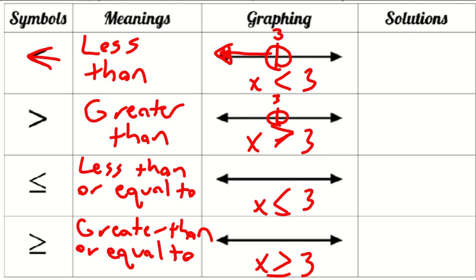Which way is my arrow pointing? To the right. Same idea. Inequality symbol. The pointy part's to the right. Arrow goes to the right. We'll get to this more when we work with the graphing some more. But for that to be true, we need the variable to be on the left side. Okay?